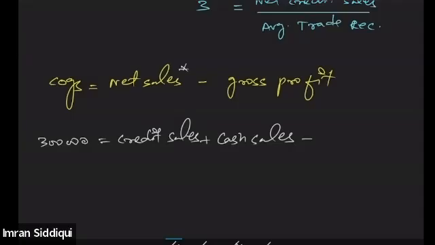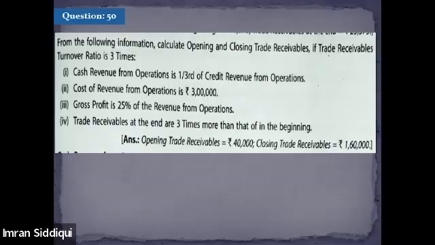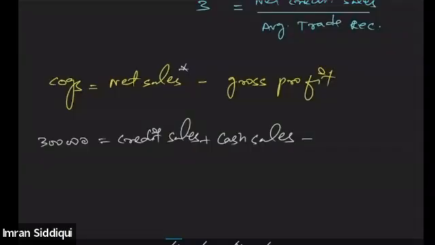So if the revenue is X, revenue from operation means total sales, everyone. So if revenue from sales is X, then gross profit will be 0.25 X, or 25% of revenue from operations. Let me just write it.